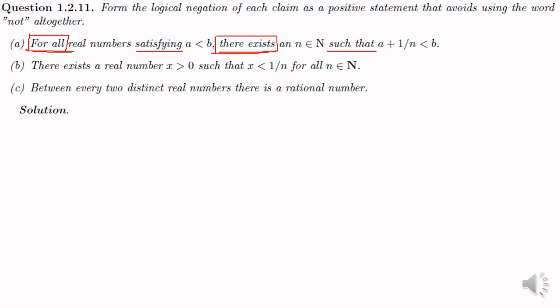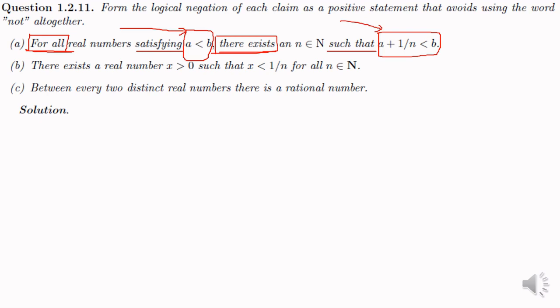and the negation of "there exist" is "for all". Now in a claim there will be two conditions given. The first condition in the first claim is a less than b, and the second condition is a plus 1 by n is less than b. So usually a statement will come like: if the first condition is satisfied, then the second condition is also satisfied.